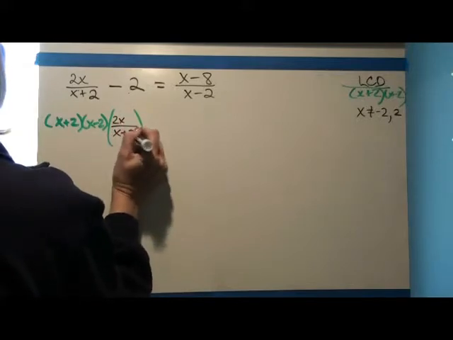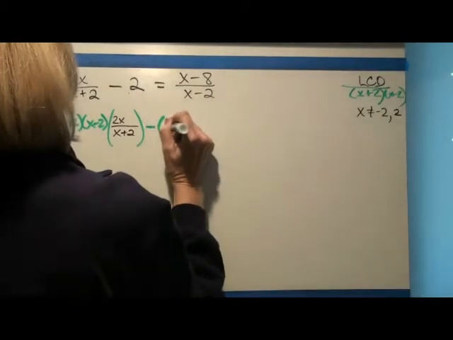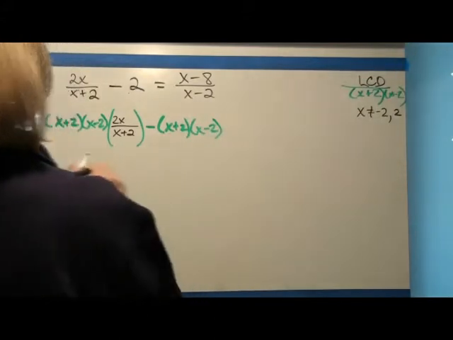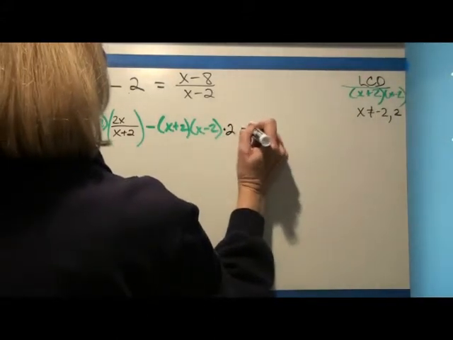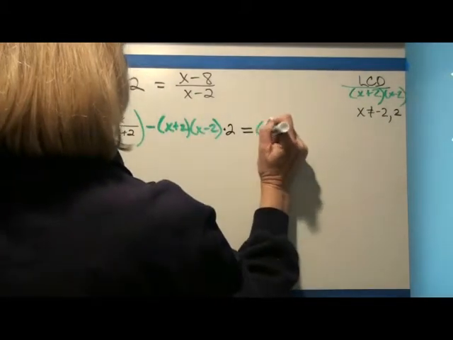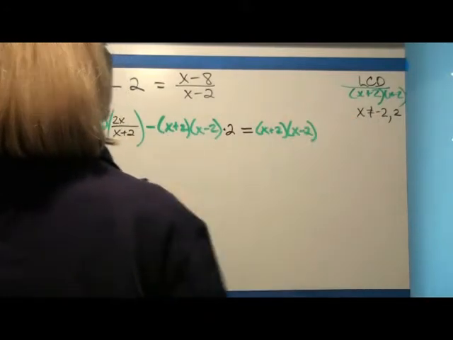And since we're distributing it, we might as well just go ahead and do minus x plus 2, x minus 2 times the 2. And that will be equal to this side right here, also multiplied by x plus 2, x minus 2.